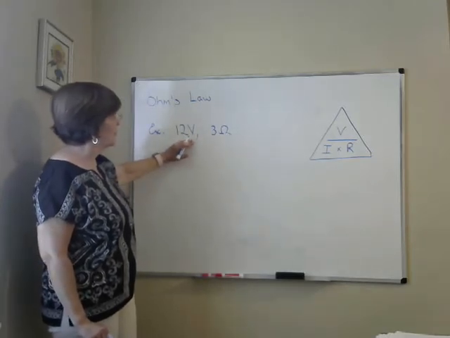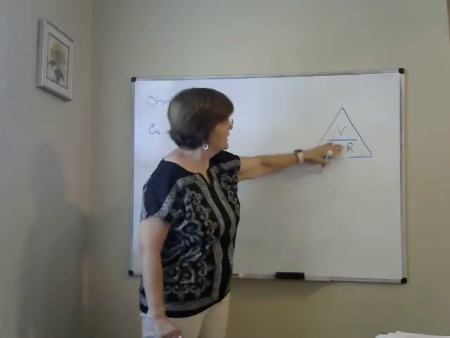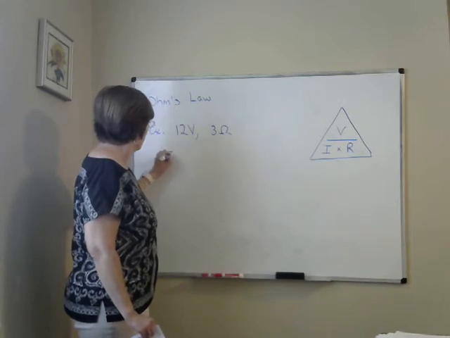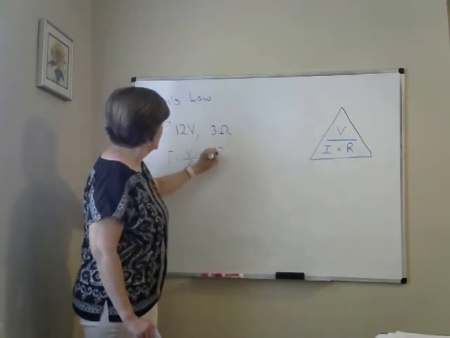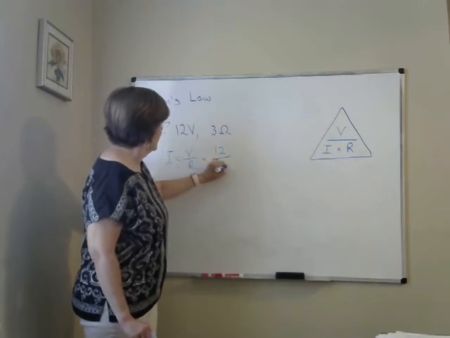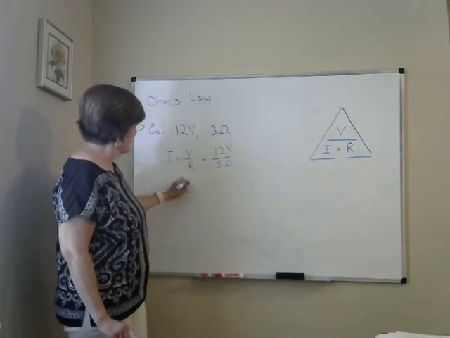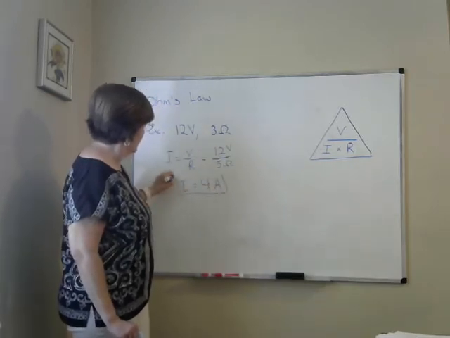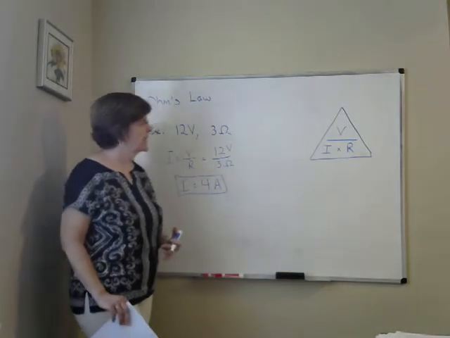Well, if I'm looking for current, I cover up current and I go, current is voltage over resistance. So 12 volts over 3 ohms, my current is 4 amps. Just that simple.